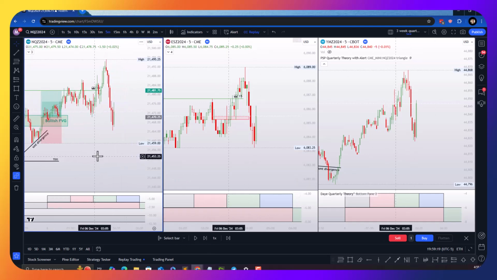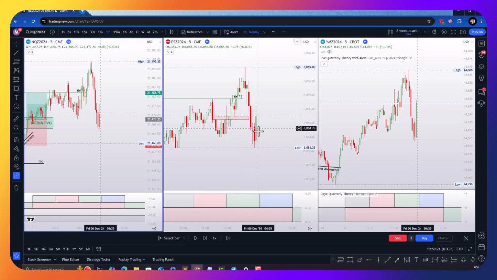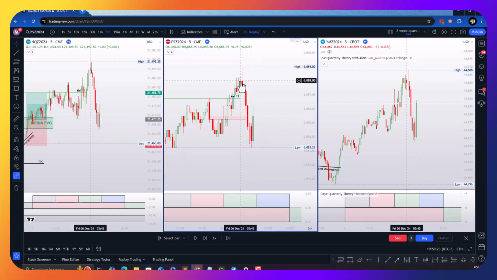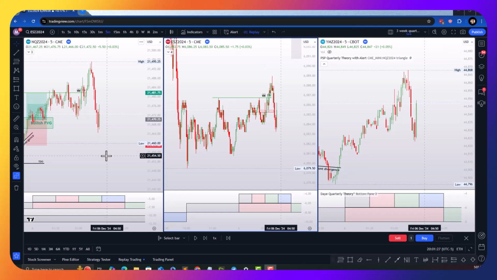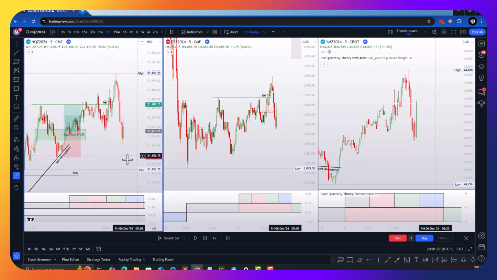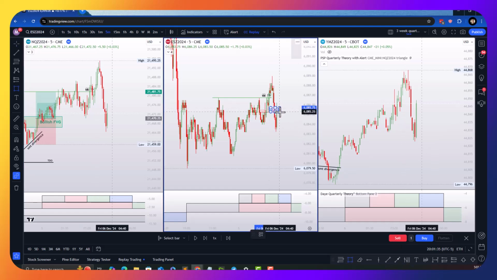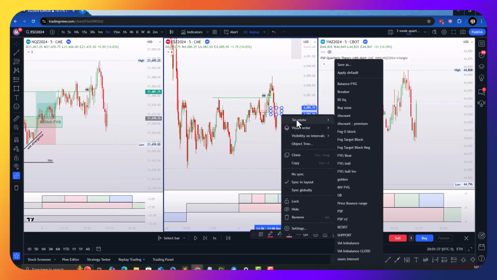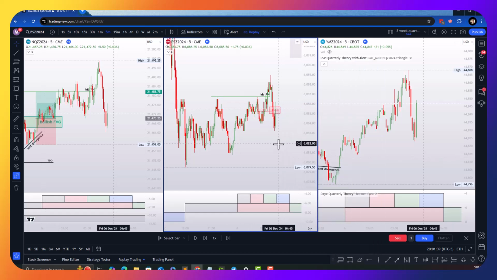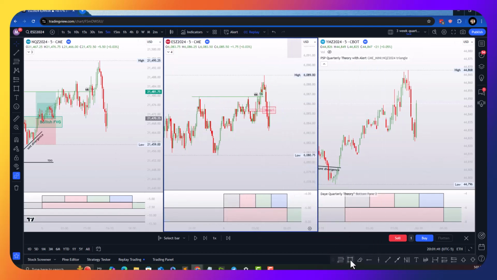Now we do see one thing here. There's a gap on ES that's getting touched, and the same gap on NQ is not.